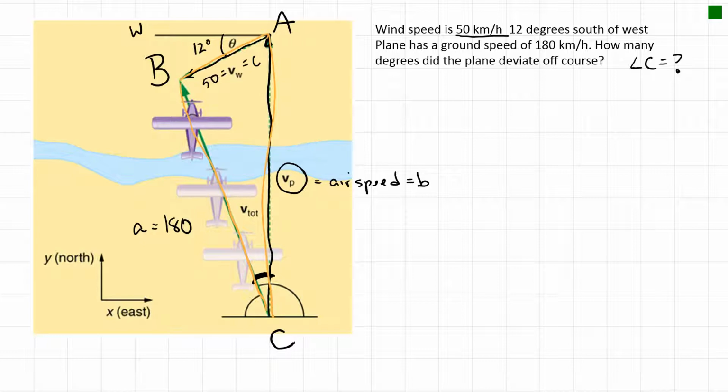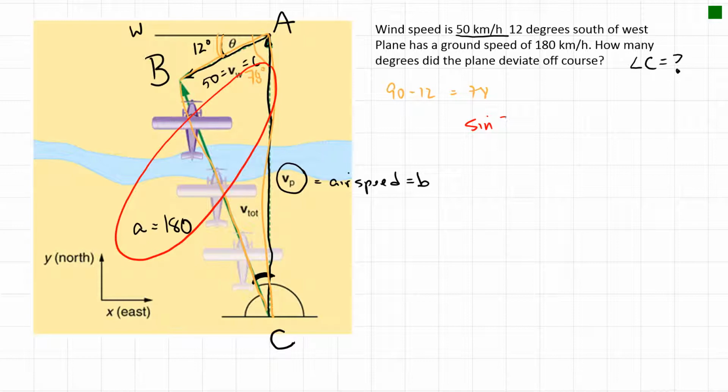and there's no angles in here, but since this is 12 degrees, and we know this bigger one is 90, 90 minus 12 is 78. So we know this is 78 degrees. So all of a sudden we have angle A and the opposite side. That means we can use the sine law.